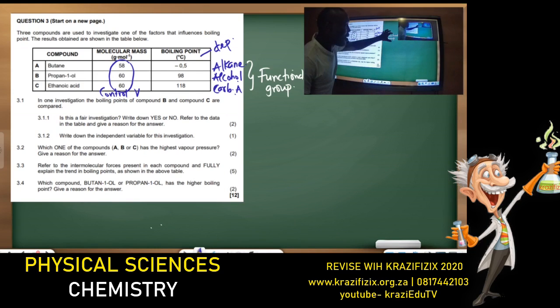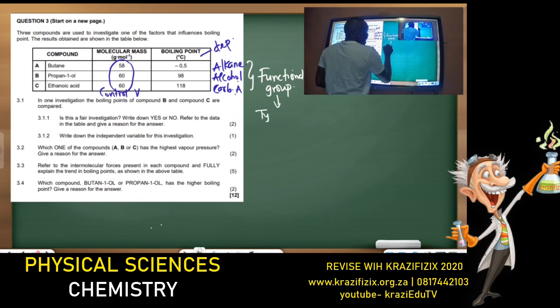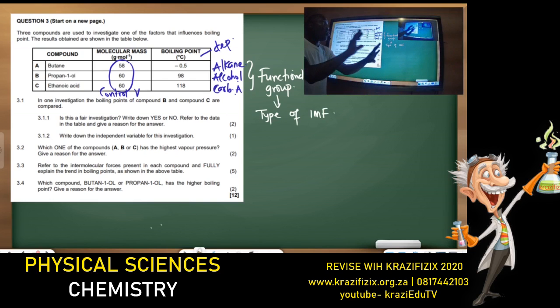All right, and when I talk about functional group, I am actually talking about, again, the type of intermolecular what? Force. If you remember that table I had, all the homologous series were divided according to the type of intermolecular force. So they are connected.